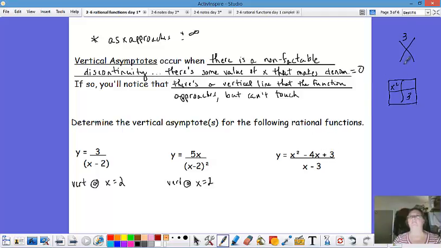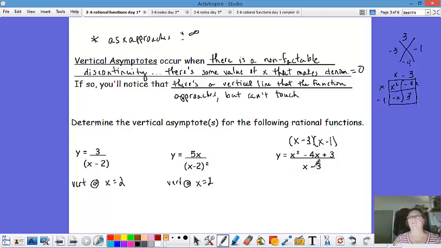They have to add to make negative 4, and there's only one way for that to happen: negative 3 and negative 1. So a negative 3x here and a negative x here. The only way we can get that minus 3x is if there's a minus 3 factor. The only way we can get negative x is if we multiply by negative 1. So that top factors into x minus 3, x minus 1.